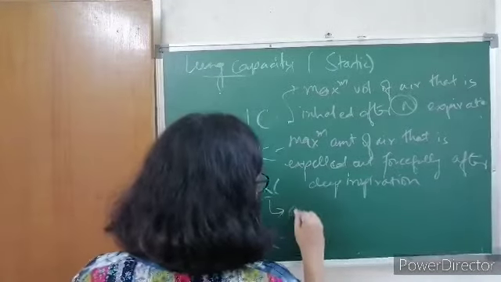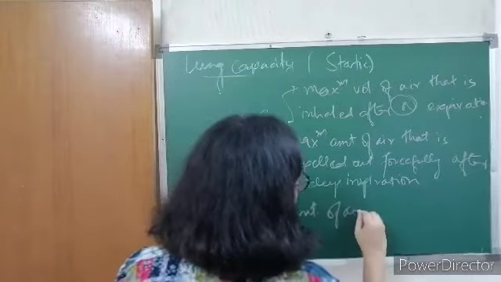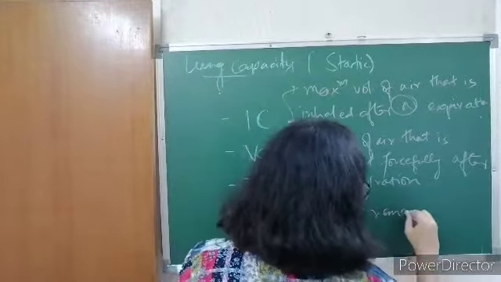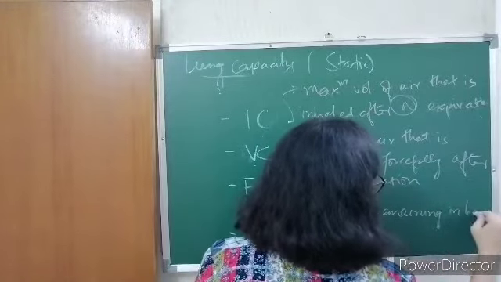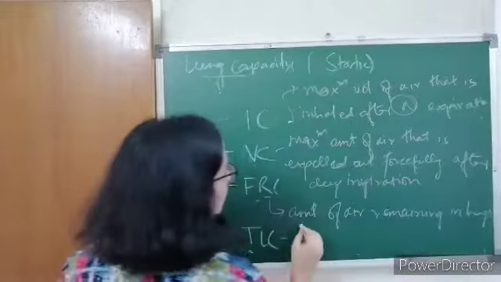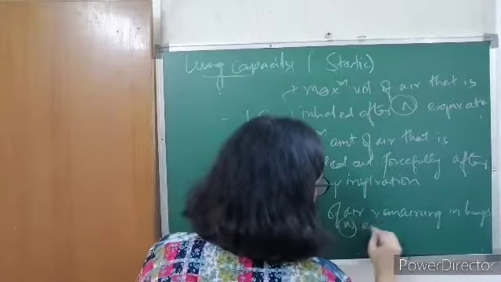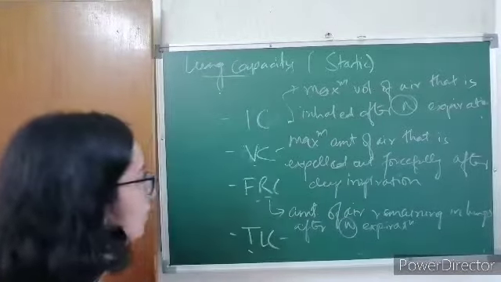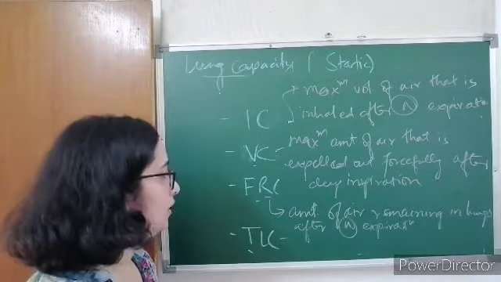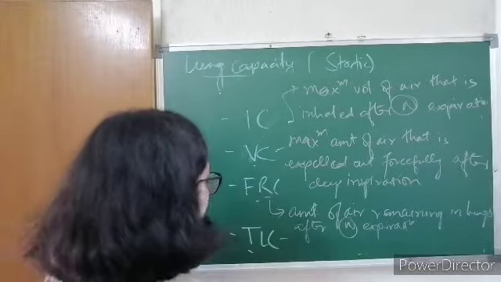FRC will be the amount of air remaining in the lungs after normal expiration. Okay, so FRC, functional residual capacity, will be the amount of air remaining in the lungs after normal expiration.